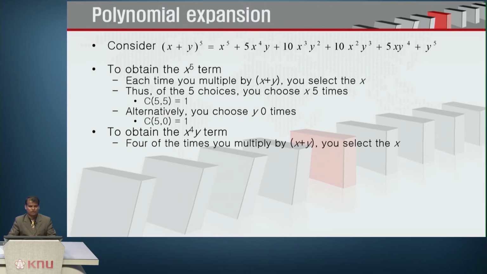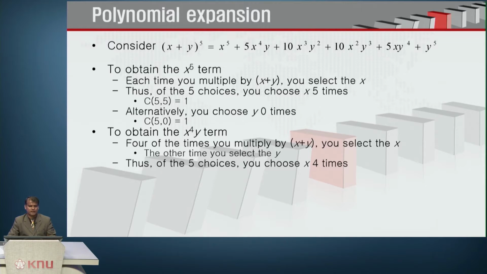Of the 5 factors of x plus y, you choose x from 4 of them, giving x to the power 4, and the other time you select y, so y comes once there. You have 5 choices for where y comes from.